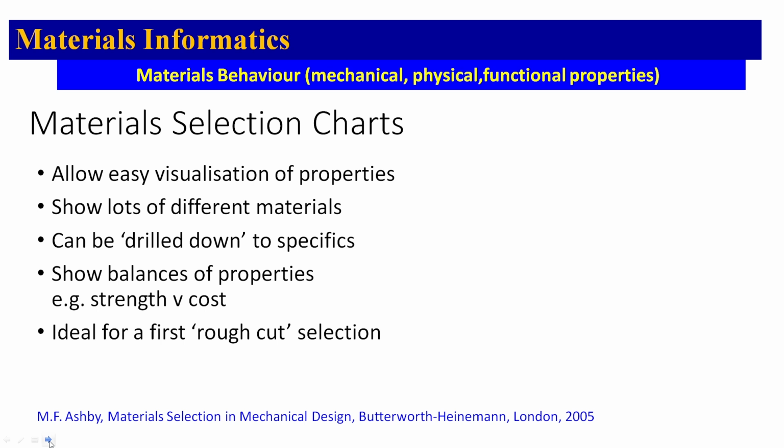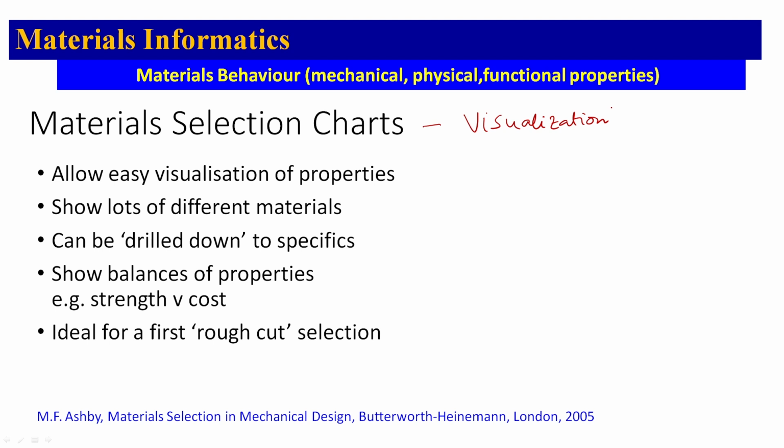Well, obviously, Michael Ashby proposed material selection charts, and that is a better way to represent data, and this is visualization. So, it will allow us visualization of the properties, and we always like to see things in front of our eyes.